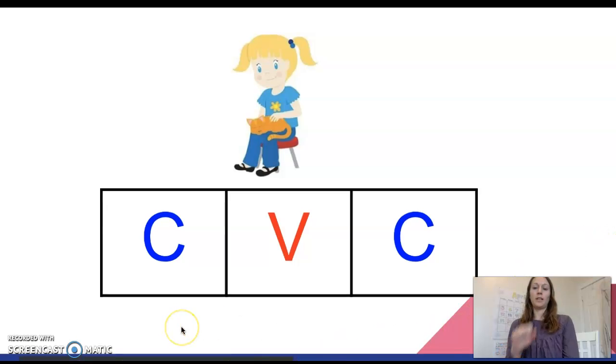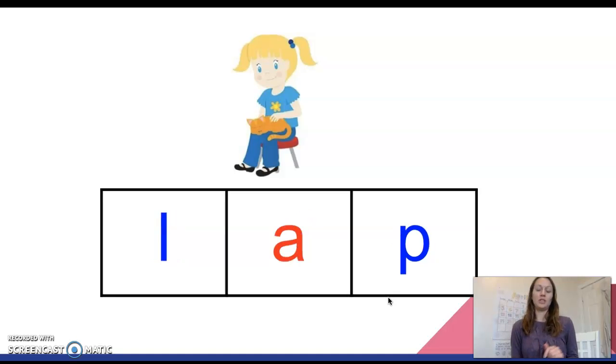So our first word is lap. L, a, p, lap. All right, so if I stretch this out, what says l, what says a, and what says p? Did you get L-A-P? If you got L-A-P, you are correct.